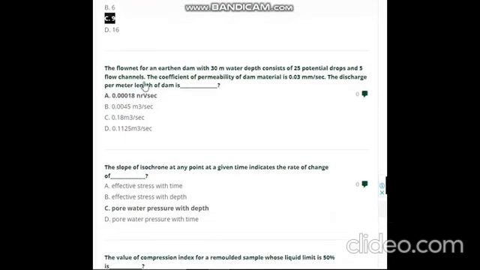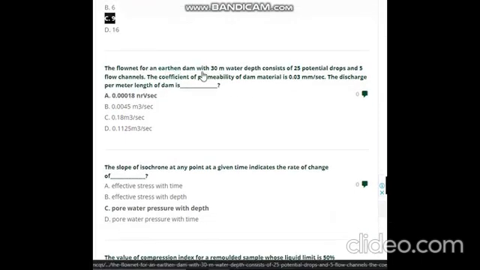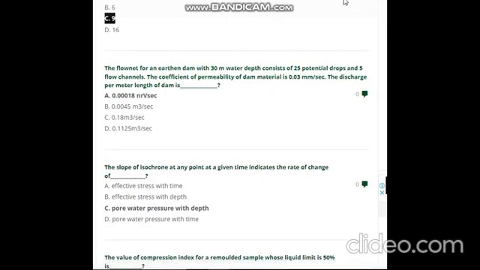The flow net for an earthen dam with 30-meter water depth consists of 25 potential drops and 5 flow channels.